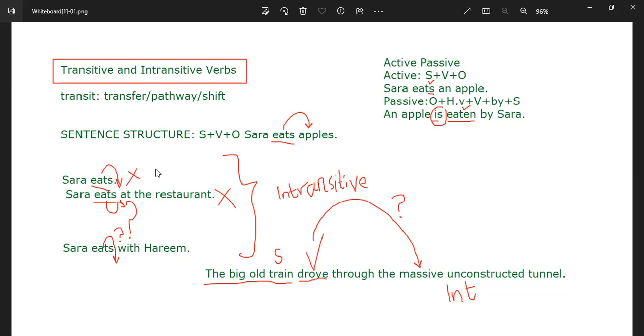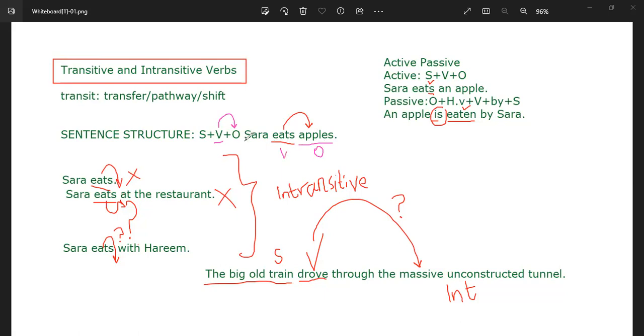The thing on which the verb acts, as you already know, is the object. The verb always acts on the object. Eats is the verb, and it is acting on the object apples, right?